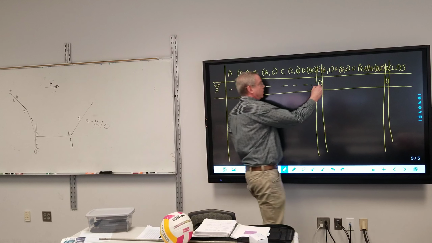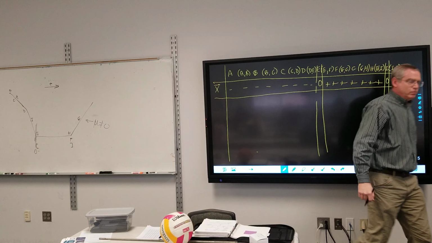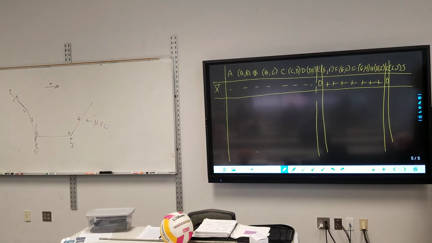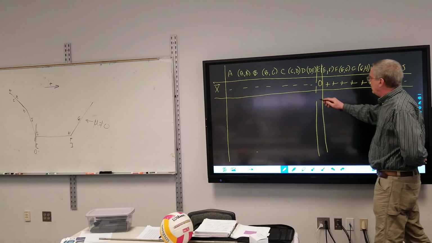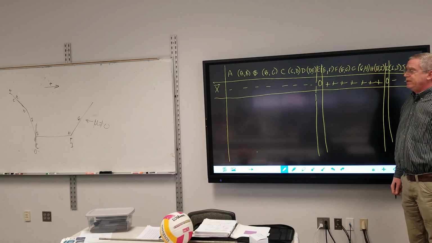So it's going to be plus all along there. And what about after I, but up to J? Negative. Now, in this case, between the zeros, it went from negative to positive to negative. It's not always going to do that, but it definitely is doing it in this case. Questions about position?